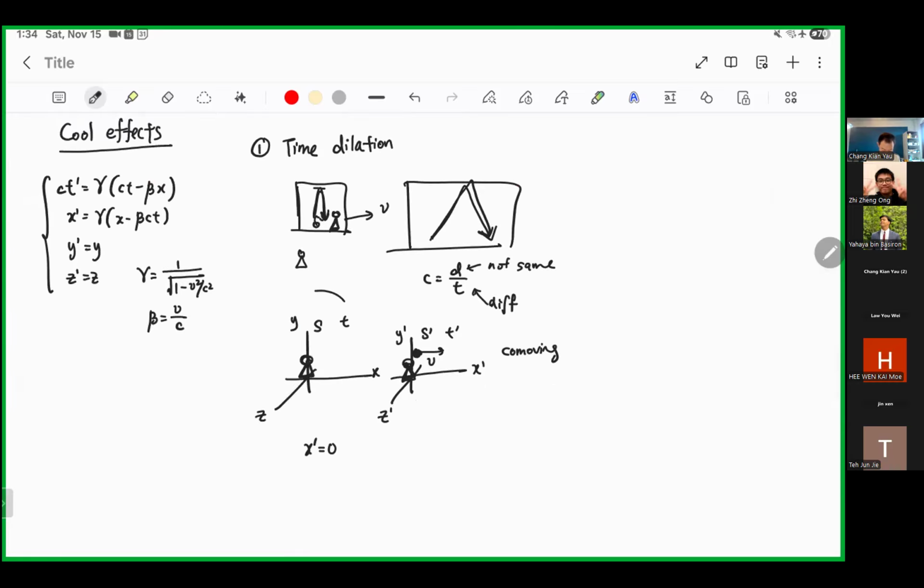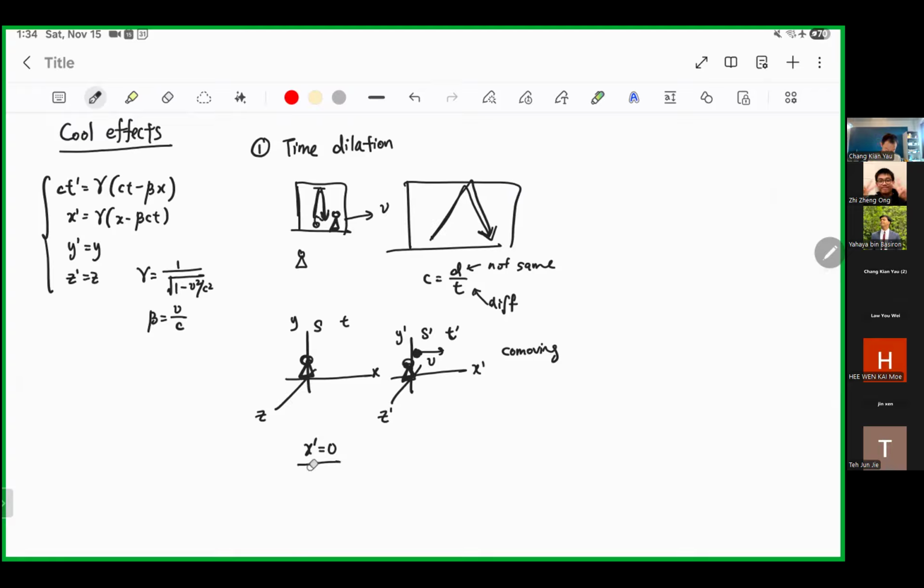The first time is from a stationary point of view, and the other time is from this co-moving frame itself. Because from these transformations, you can see the time is not the same anymore. There are two different times depending on which coordinates you see it from. Let's say S prime is co-moving with this particle, then x prime equals 0.